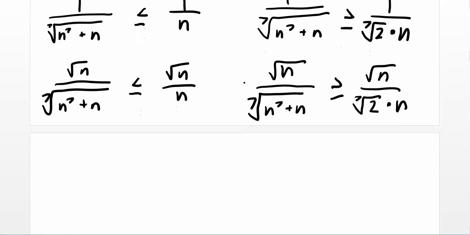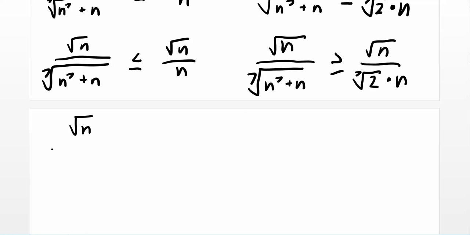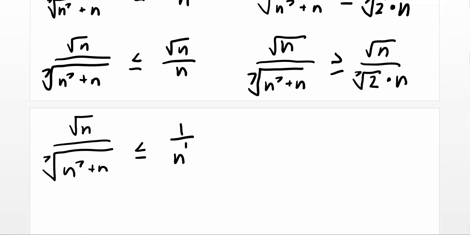Okay, simplifying the right sides a bit. Root n over n is just 1 over n to the 1/2. And over here, same thing.